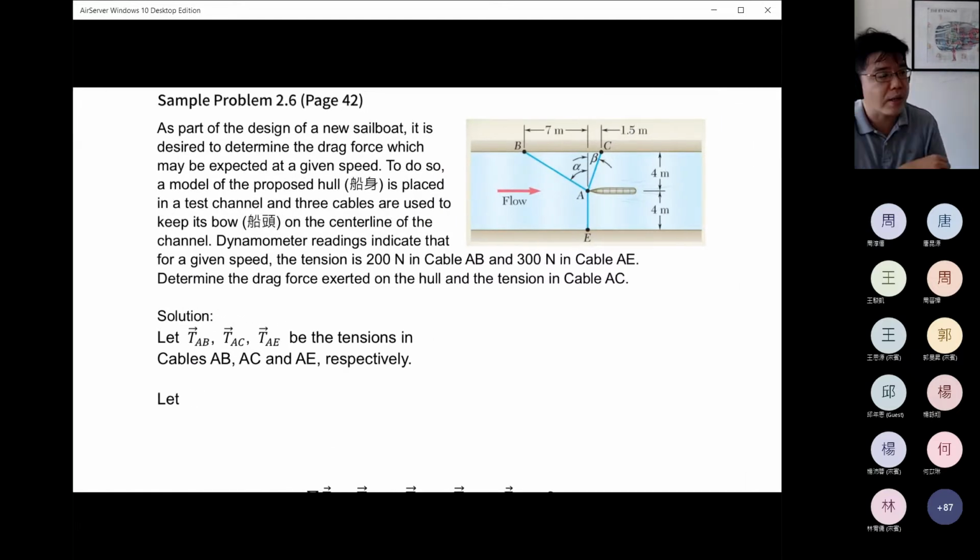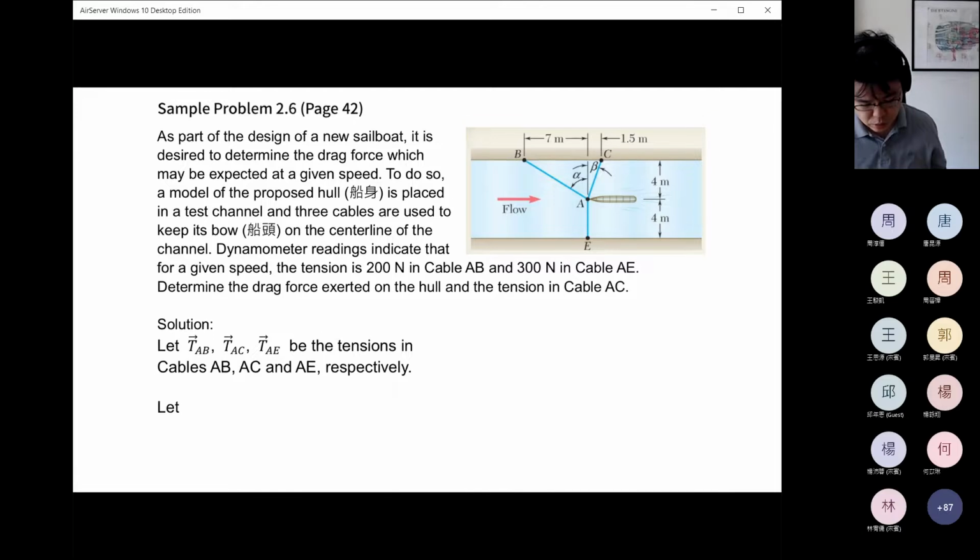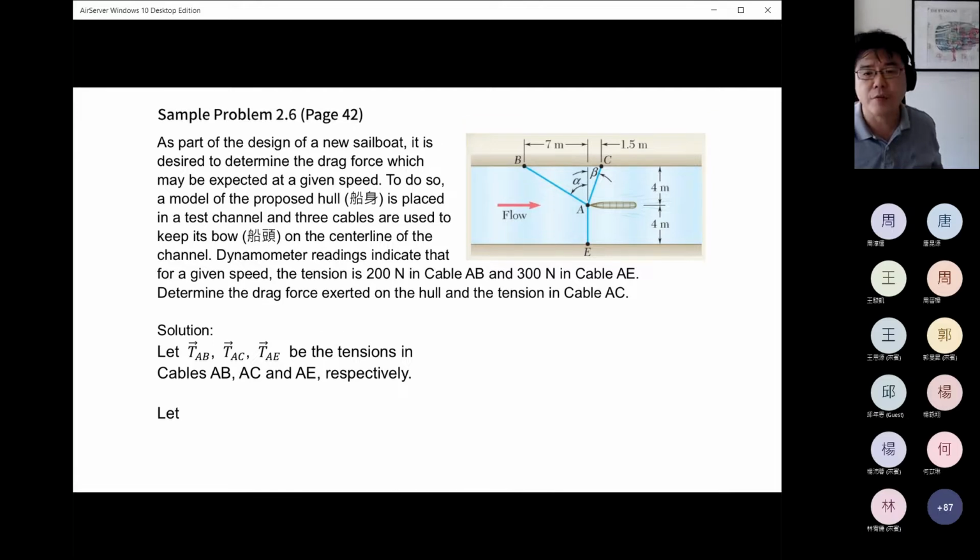So we work on a sample problem here, 2.6. If there are any words that you don't understand or you don't know, can you type them in the chat box? Of course, I've put the translation of these 2 words, but I think you have some words that you don't know well.